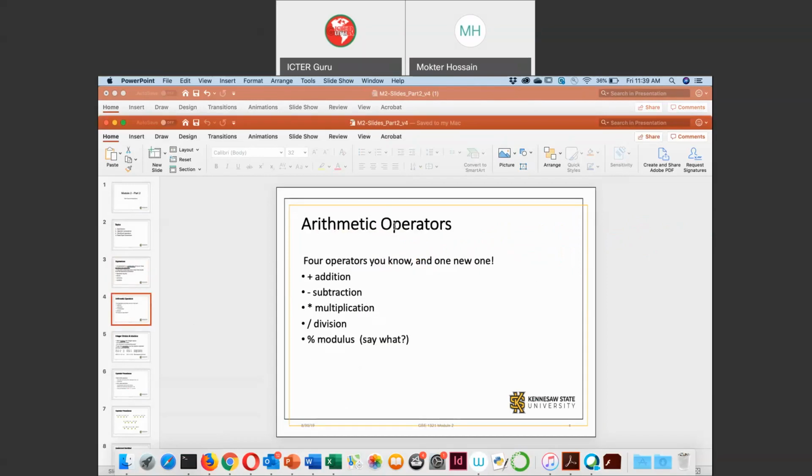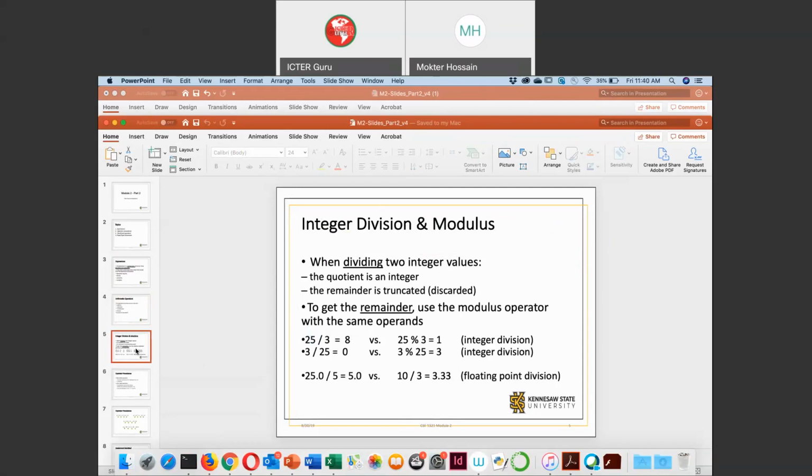So arithmetic operators are the operators that are used for arithmetic operations on numeric data. For instance, plus, minus, multiplication, division. All of these are known to you except maybe the percentage sign. It's called the modulus operator, and it is used to find the remainder when we divide one number by another number.